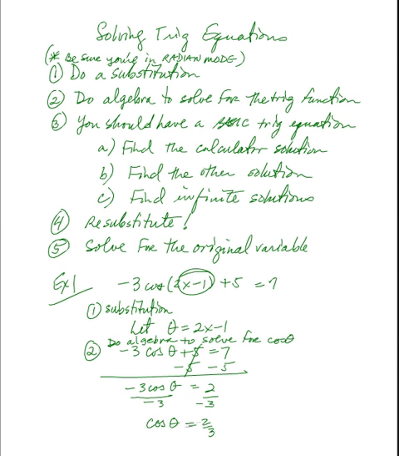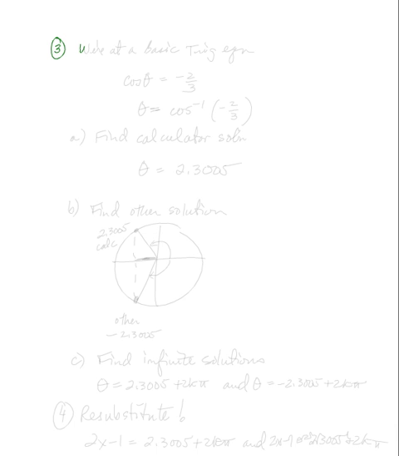So cosine of theta equals negative 2/3. Now I'm at step 3 where I have a basic trig equation. Let's go ahead and find our calculator solution. We're at a basic trig equation with cosine theta equal to negative 2/3. That's what we're solving. So theta equals the inverse cosine of negative 2/3.